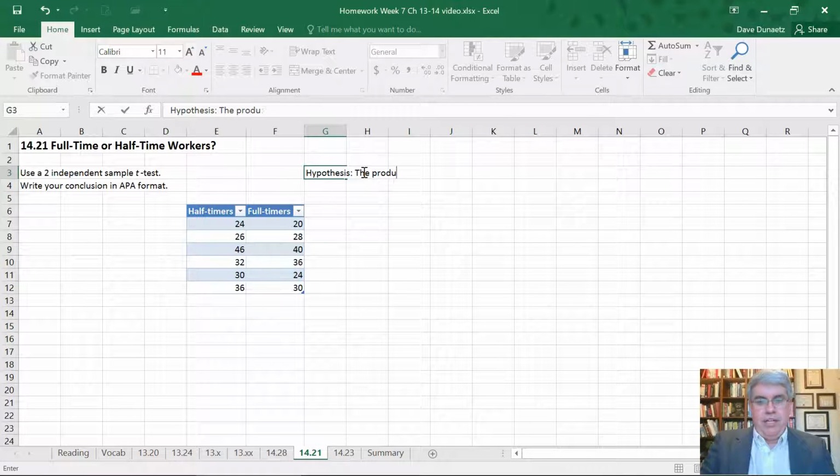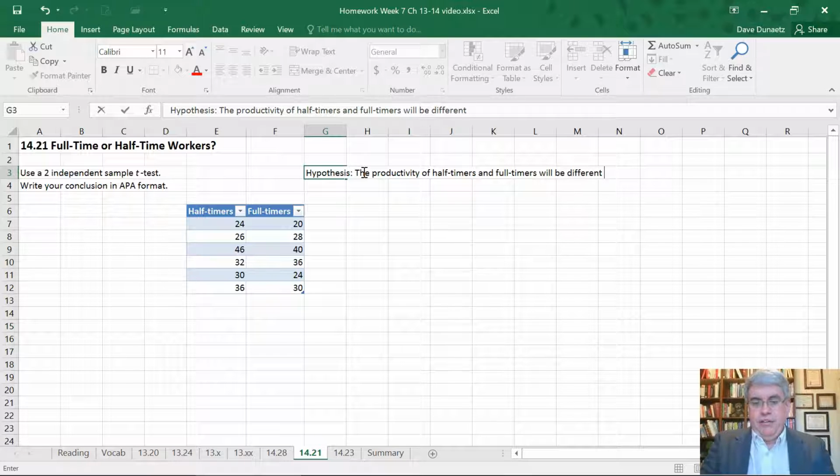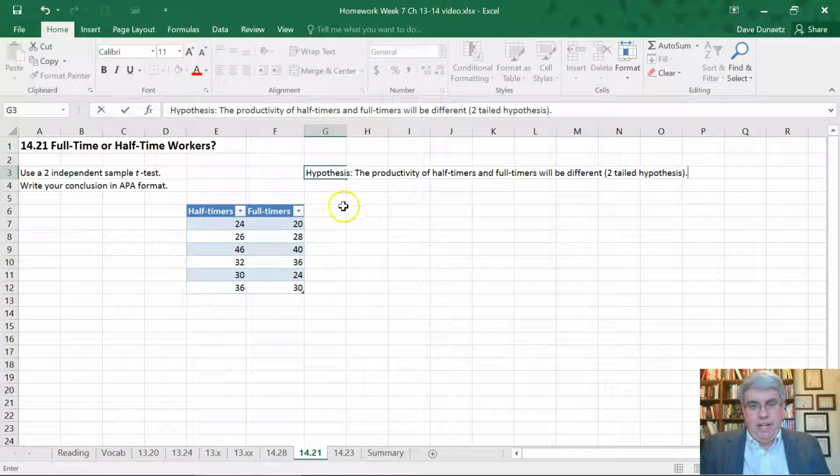The productivity of half-timers and full-timers will be different. This is a two-tailed hypothesis, and of course we're going to use alpha equals 0.05, which we always use unless we specify it.